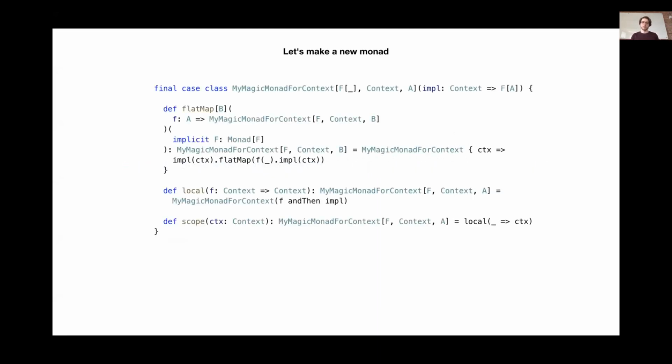We can define a flatMap for this quite easily. We can create a function that takes an instance of this monad and the function that modifies the context and makes sure that when you run the whole thing, you have the original monad, but with this sort of changed context. And then we can have a scope, so basically set the context in this block.